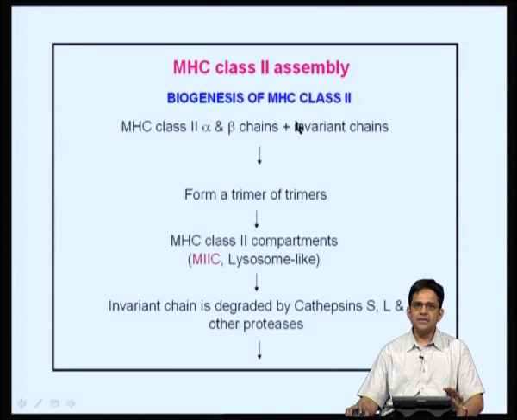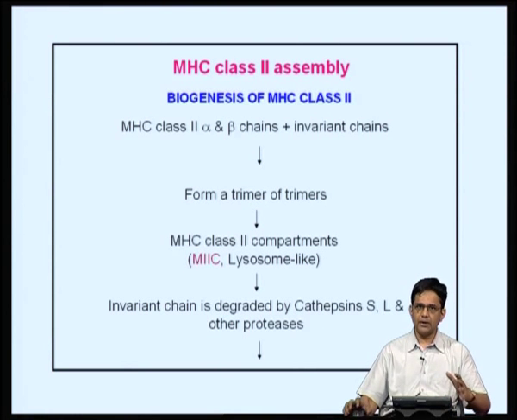MHC class 2 alpha and beta are obviously polymorphic and polygenic, and they associate with an invariant protein molecule, hence the name invariant. The other distinguishing aspect about the invariant chain is that it is not encoded in the MHC. It is encoded in a non-MHC location.